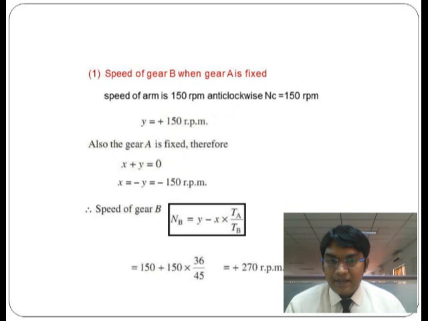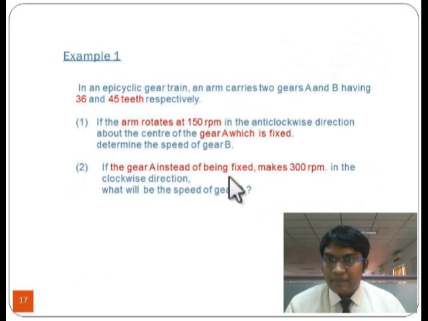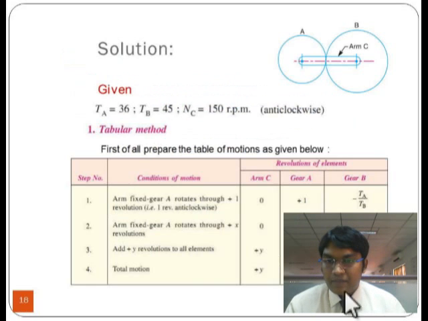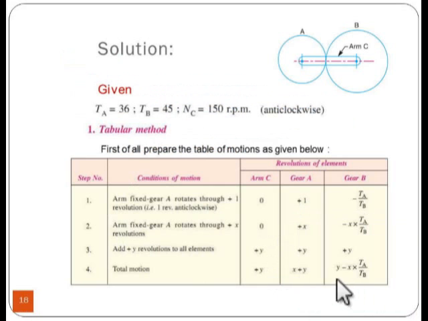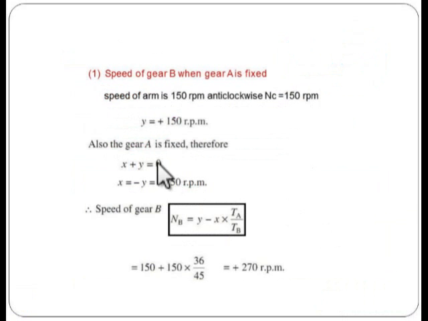Alright. Next, it's mentioned in the question that gear A is fixed. If gear A is fixed, what's in my table? Gear A is x plus y. So x plus y, if it's fixed, will become 0. So x is going to be equal to minus y. We know y, so it's going to be minus 150 rpm.